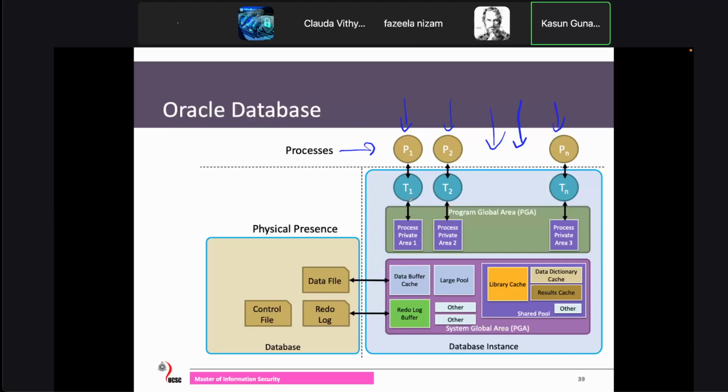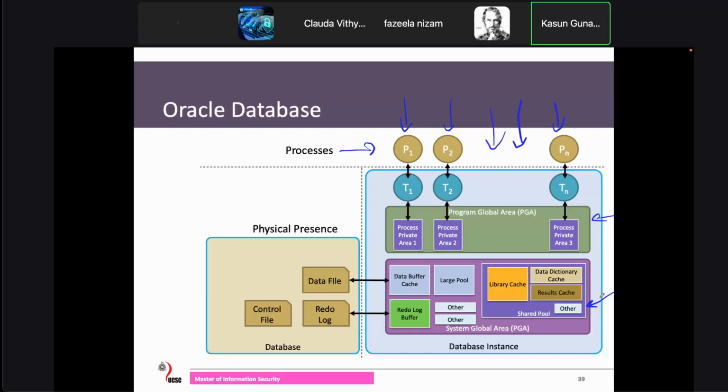And there are some key components in the runtime environment of the database instance. This is called program global area, and this is called system global area, right? By their names, you may perhaps get an idea about the responsibilities of these two areas.